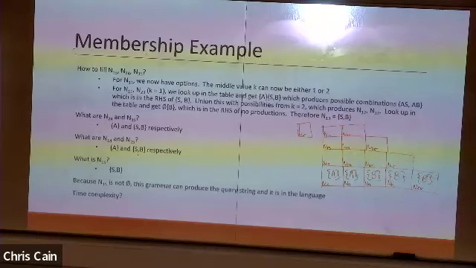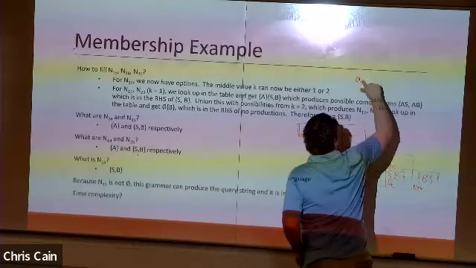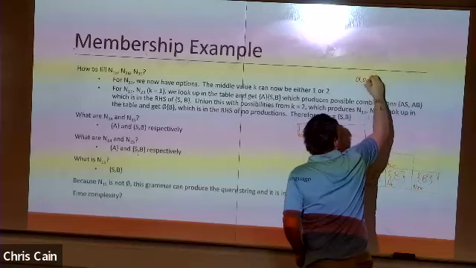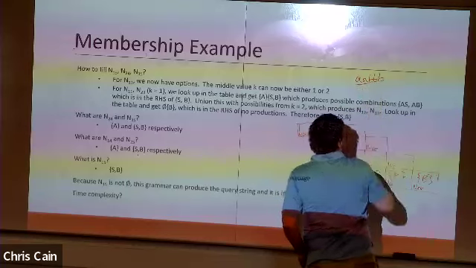So the second row, n12, needs to produce the substring index 1 up to and including index 2. If we look back at our string A, A, B, B, B, this is the substring AA.